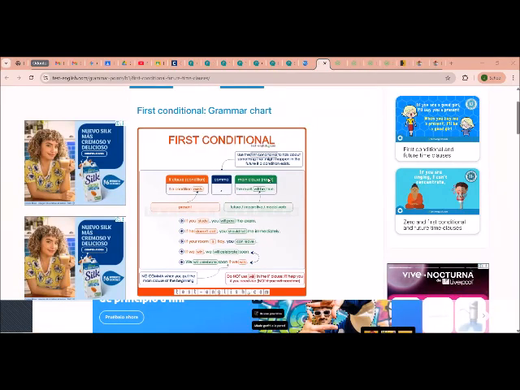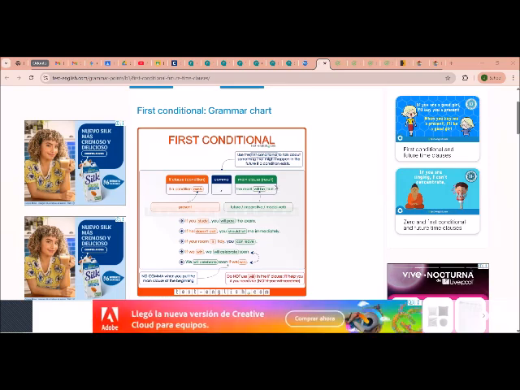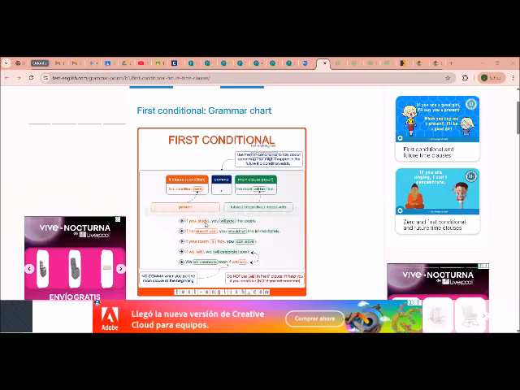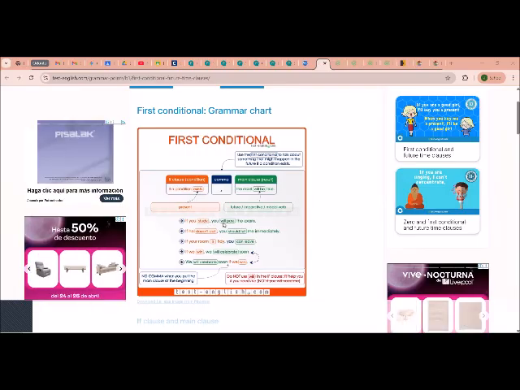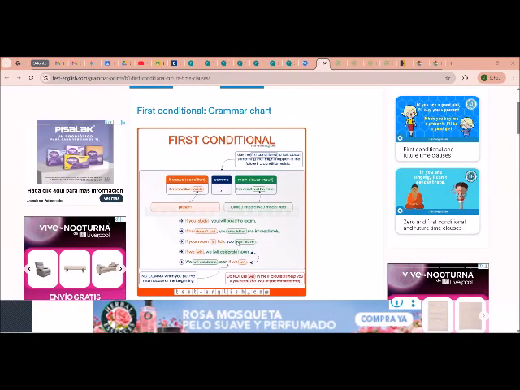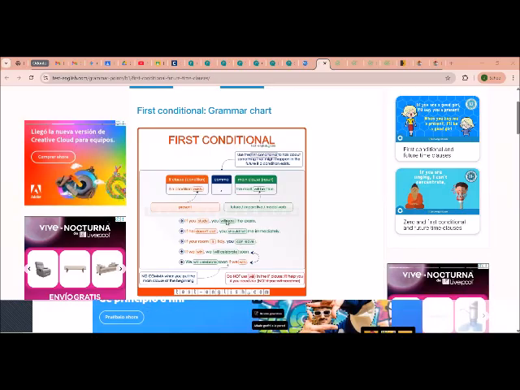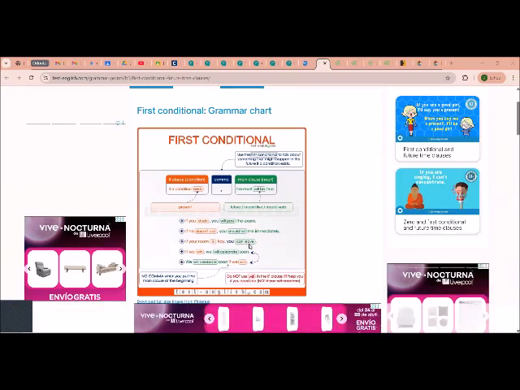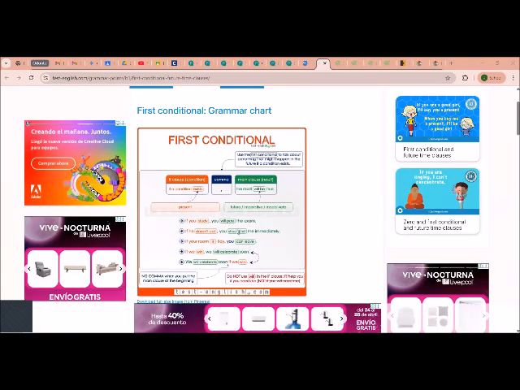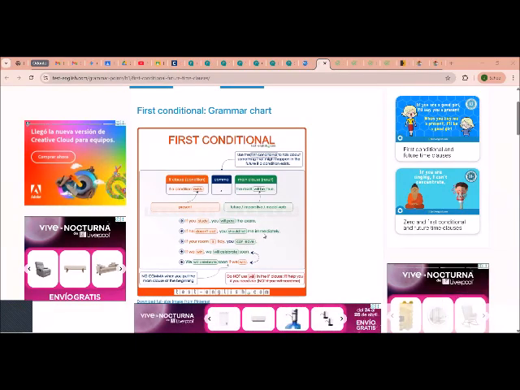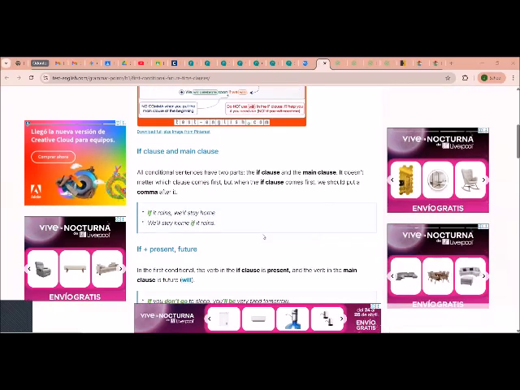And then your main clause or your result will be with a future imperative or a modal verb, which means you'll use will, should, can, and you're going to use your verbs in their base form. There's a reason why we are doing that, so let's dive into the reasons behind it.